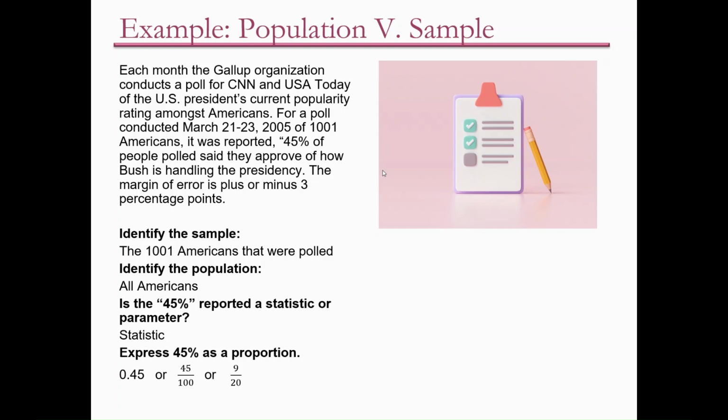I'm not going to be picky about whether you reduce your fractions here when we're talking about proportions or probabilities. But that 45 out of 100, I could write that as 9 out of 20. And so these are all acceptable ways to write proportions. If you plug any of these 3 into your calculator, they all give you a number between 0 and 1. And specifically, they all give you 0.45.